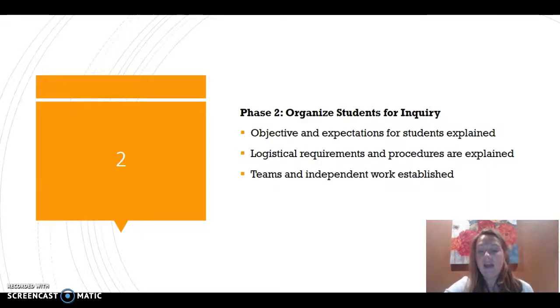So if you're having them work independently, why are you doing that? If you're having them working in groups, please put your rationale of how you group them. So they can be mixed ability grouping, or they can be differentiated groups by interest or differentiated groups by readiness. And put a big number 2 beside that.